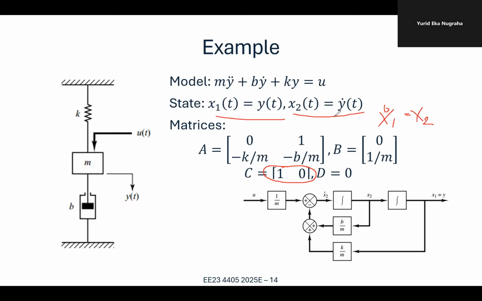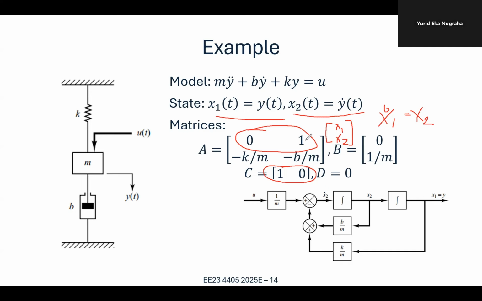Then y dot here is x2, which means that the first row here is 0 1 because this will be multiplied by x1 and x2.